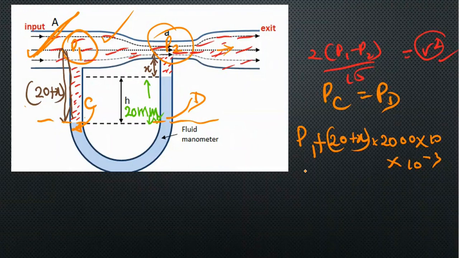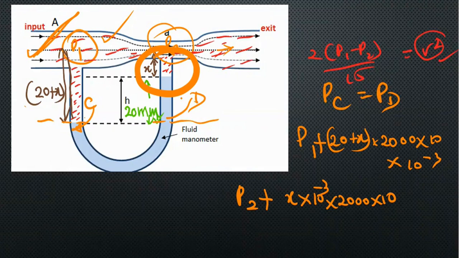On the other side, pressure D is P2 plus the x part: x converted into meters, 10 to the power minus 3, times the liquid density 2000, times 10. Plus the 20 millimeter part, so 20 into 10 to the power minus 3 meters, and the density of this liquid is 14,000.